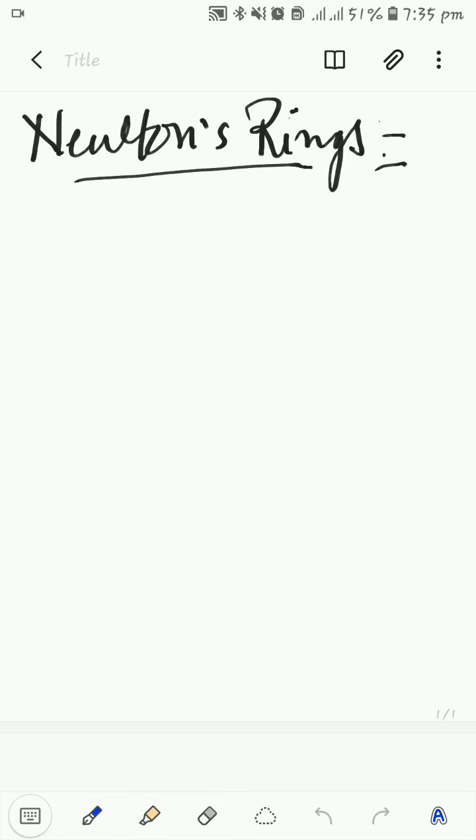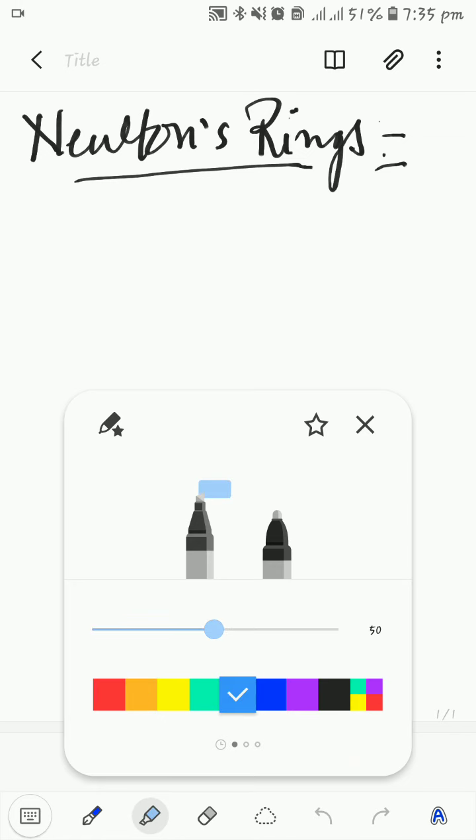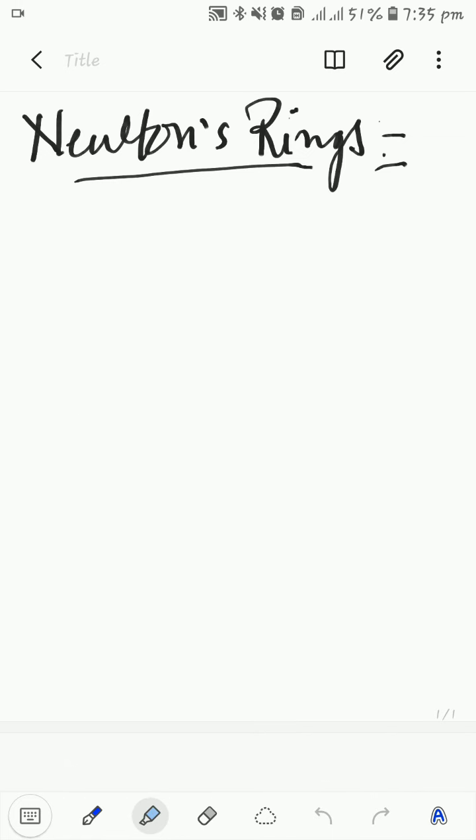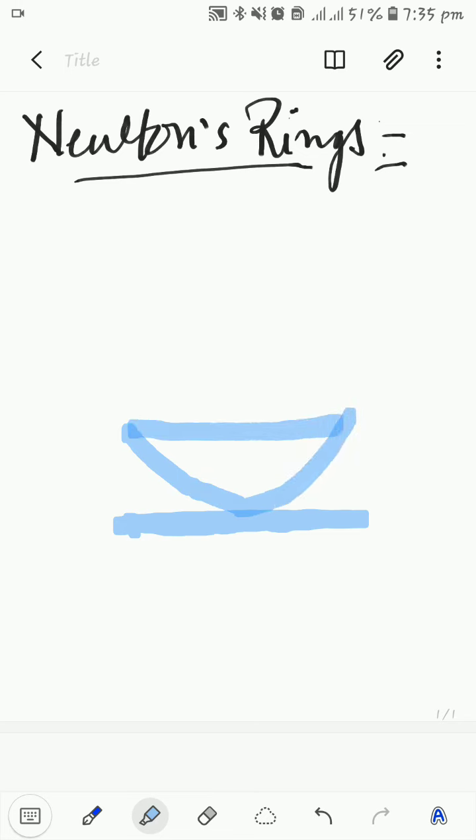So first of all we will see what we are talking about: there will be a plain glass surface and a convex lens of long focus, or we can say a plano-convex lens. Okay, so this is the arrangement for Newton's ring.